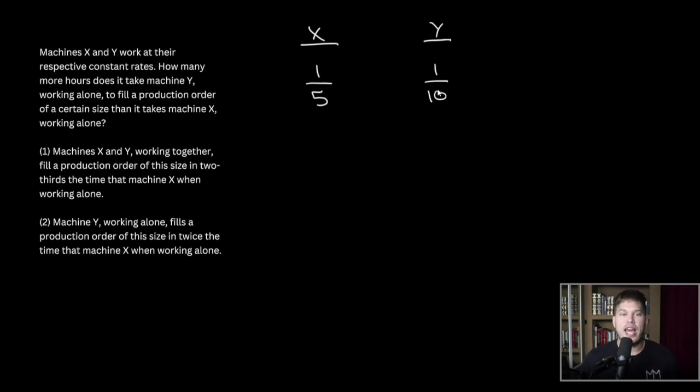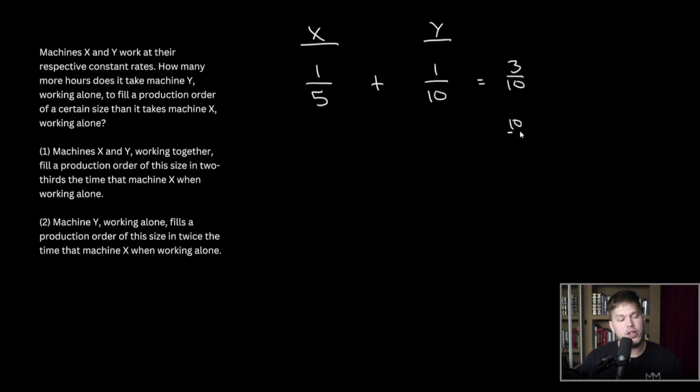However, let's say machine X and Y come together and start to be collaborative. Then we would add these works together in order to know that in 1 hour, 3/10 of the problem would be solved. If we wanted to know the total time spent, we simply reciprocate this fraction.